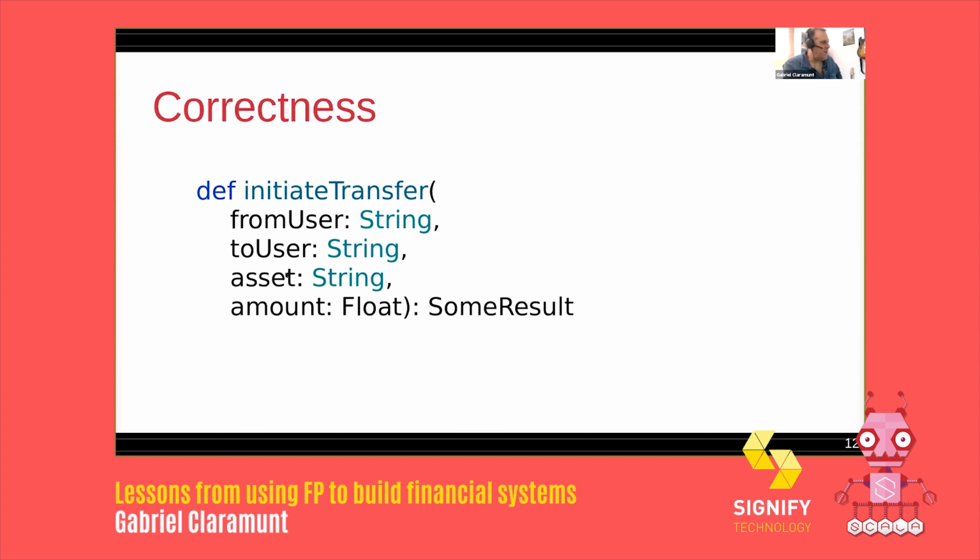Maybe you change the signature and put the asset first, and now you're trying to use an asset as a user, and things will break, and you have to write a unit test. You don't know where it fails. It doesn't prevent you from writing the wrong code. And also, we are using float for amount, and this is a complex area.